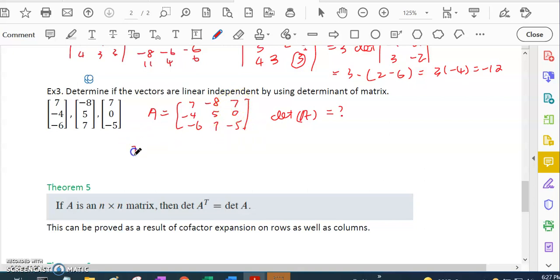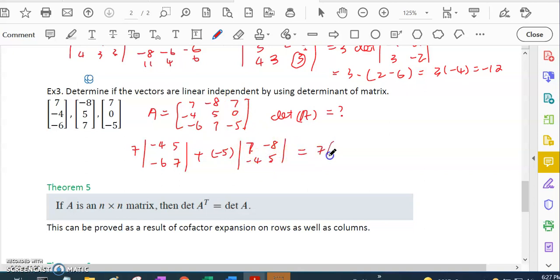So that would equal 7 times, delete this row and this column, -4, 5, -6, 7, plus, okay, so plus minus plus minus plus, so -5 times, delete this row and this column, 7, 7, -8, 2, -4, 5, right?